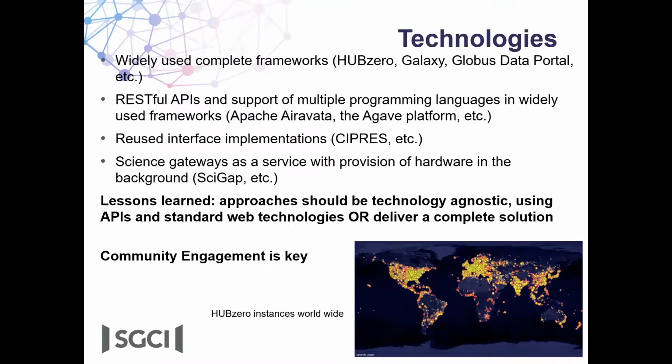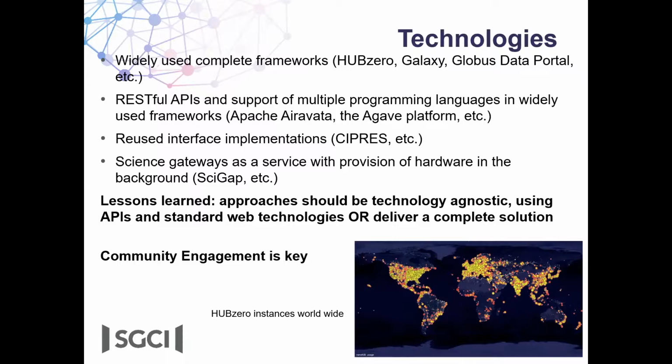There are a lot of widely used technologies and there are complete frameworks. So we have someone from HUBzero, someone from Galaxy, from the Globus data portal, also from RESTful APIs, like Apache Airavata and the Agave platform, and also from an end-user science gateway for co-phylogeny, CIPRES.